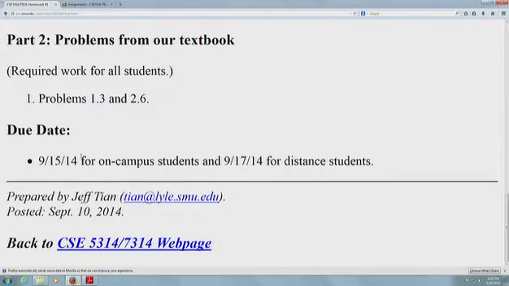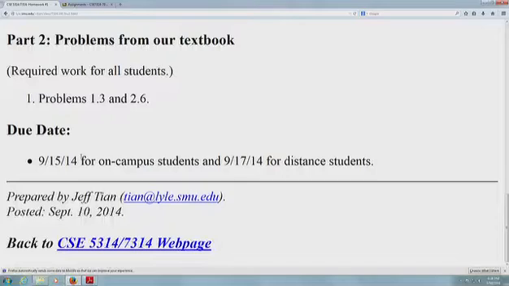Actually 2.6 mentions some software quality engineering. Even if we don't cover it, you can read a little bit of chapter 5 and should be able to answer it.